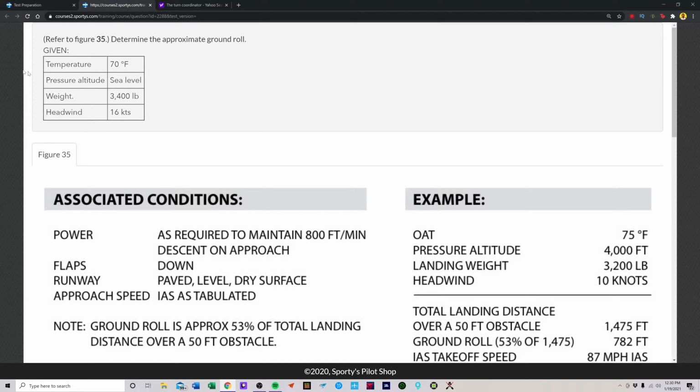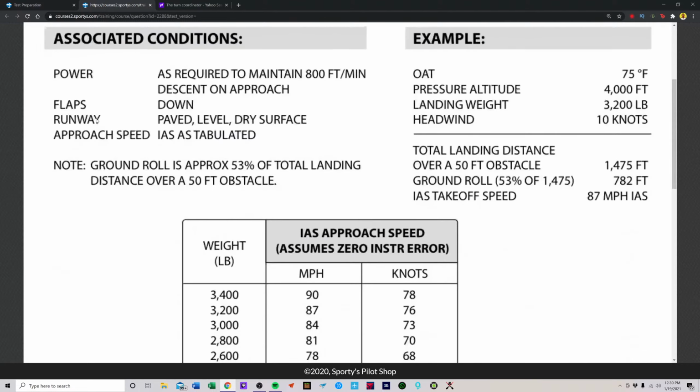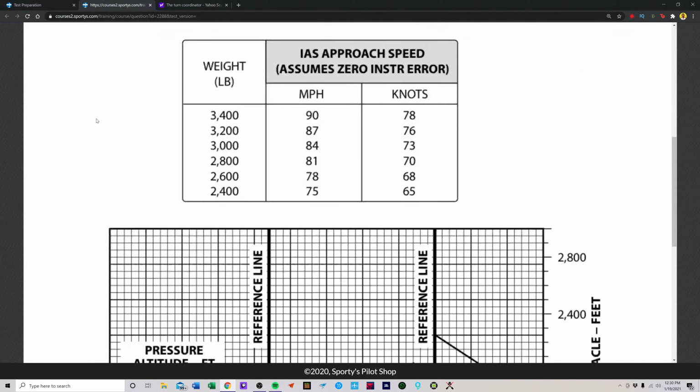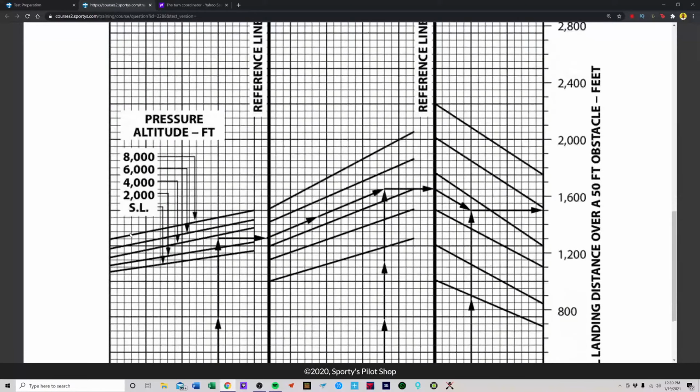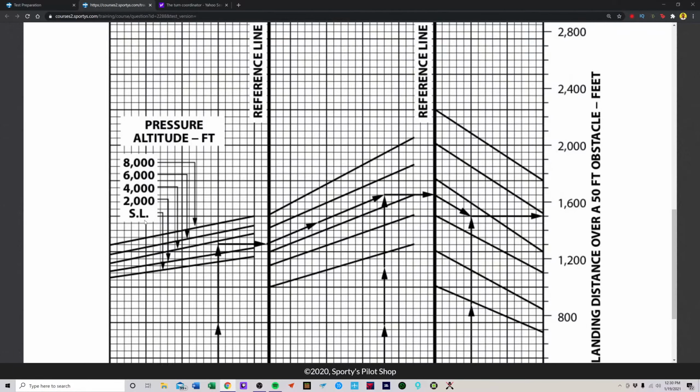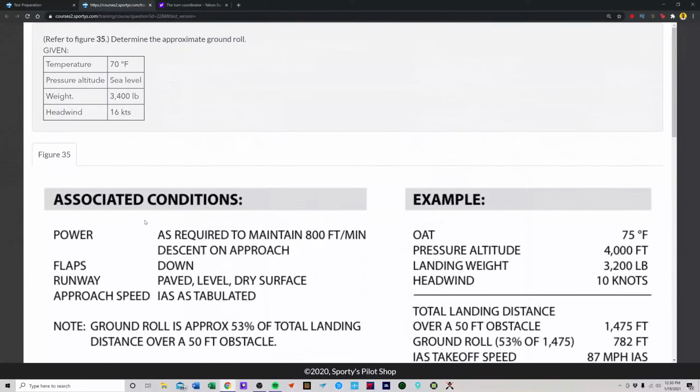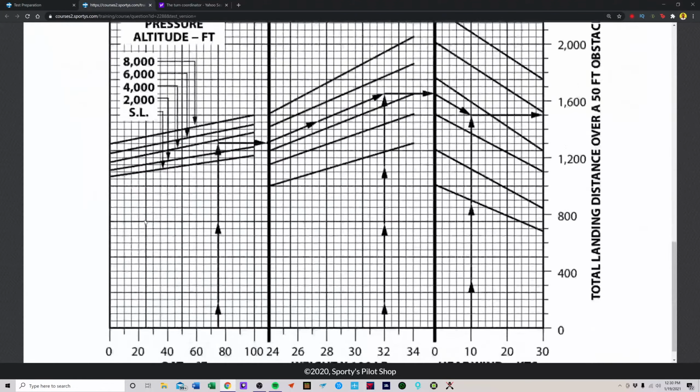Determine the approximate ground roll. They give you the temperature, the pressure altitude, and the weight. Pressure altitude, altimeter. Weight 3,400, headwind 16. So pretty much you come down here. We have 73, 416. 73,400.